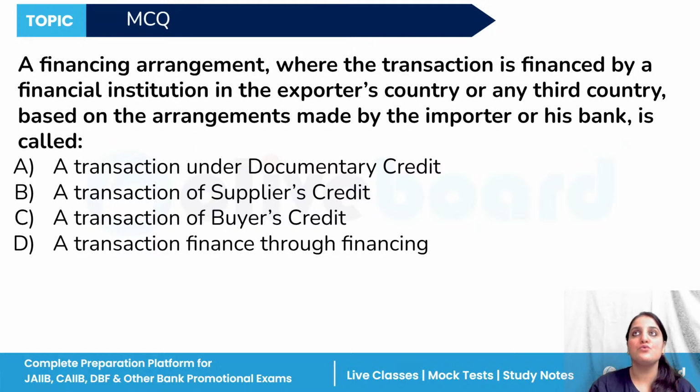Buyer's credit refers to the financing arrangement where a financial institution in the exporter's country or a third country provides credit to the importer, which is often facilitated by the importer's bank. This allows the importers to finance the purchase of goods from the exporters. So here the correct answer is a transaction of buyer's credit.